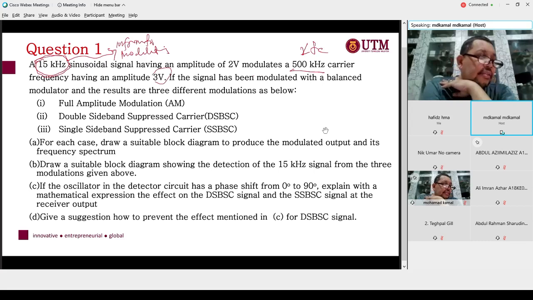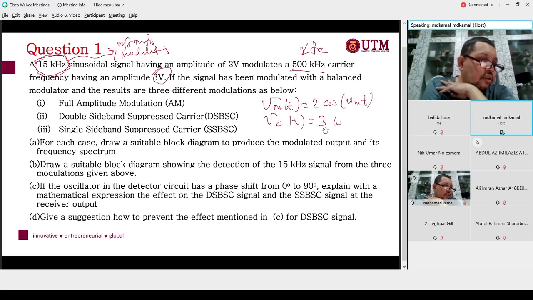So you have VM(t) equal to 2 cos omega_m t, and VC(t) equal to 3 cos omega_c t. Omega here is 2 pi f, where f is 500K; this one is 2 pi f, where f is 15K.